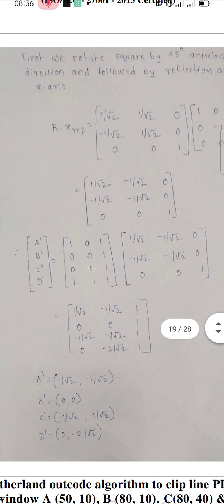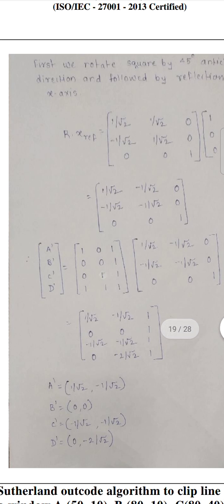The final result corresponds to A dash, B dash, C dash, D dash, because initially you had a square with ABCD points. After transformation you get a square with new coordinates. New coordinates means the values are changed due to the composite transformation.